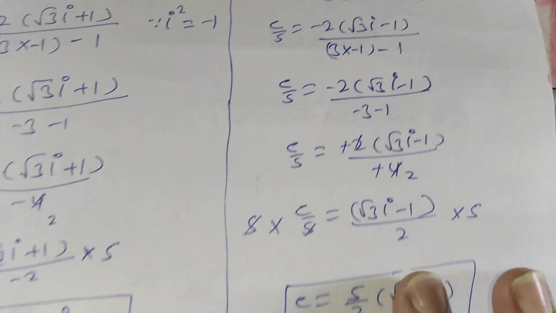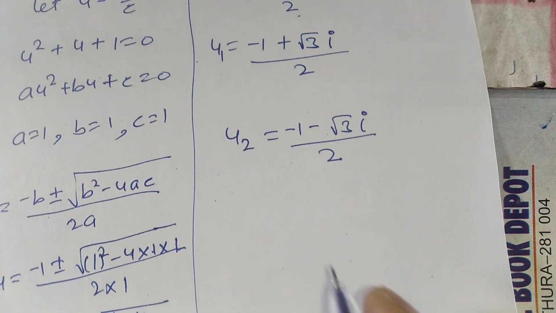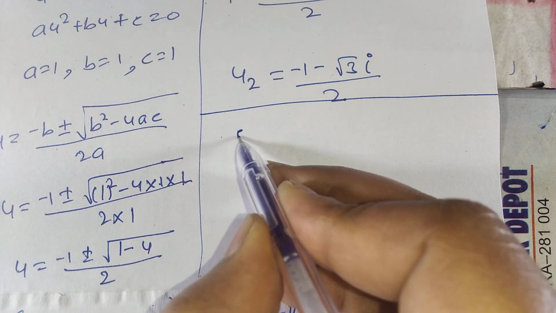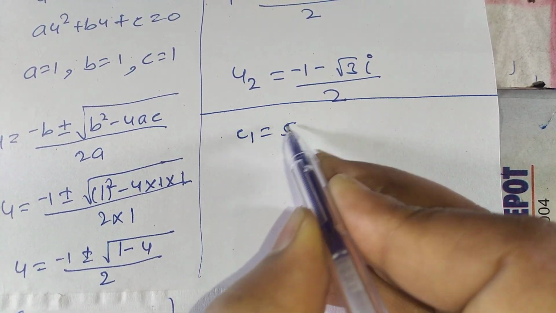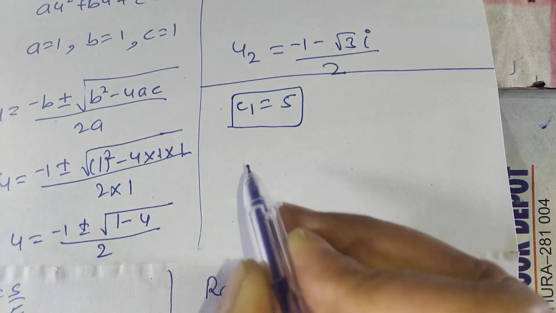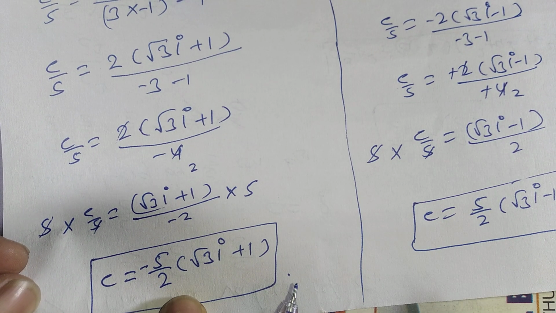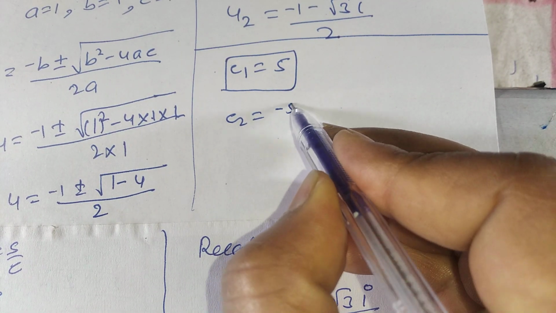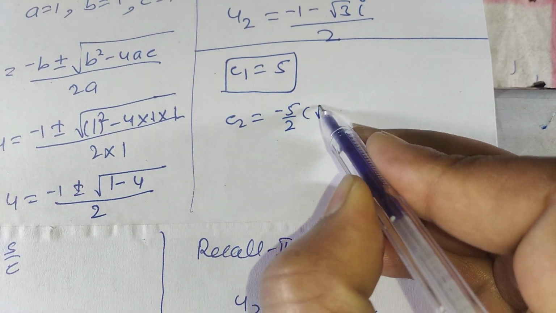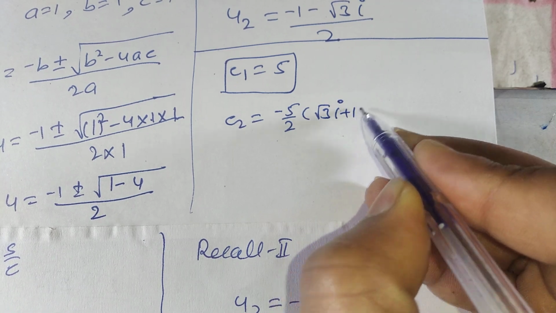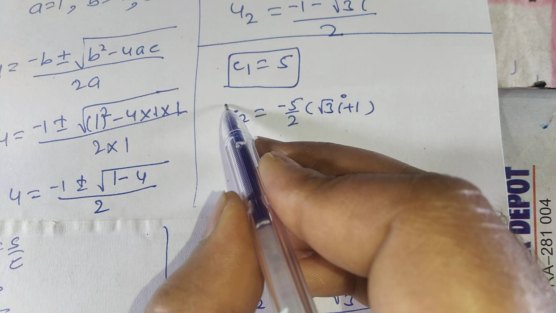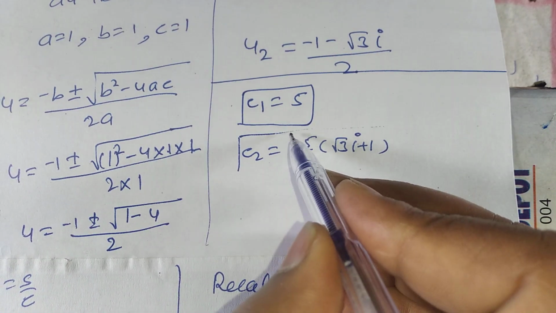We are getting all the values of C. C1 is equal to 5 and C2 is equal to minus 5 by 2 square root of 3 iota plus 1. This is C2.